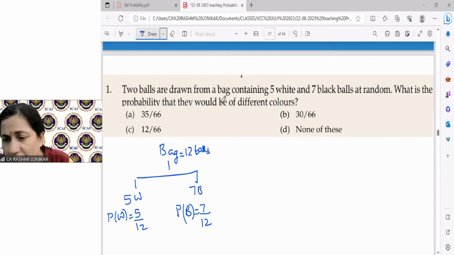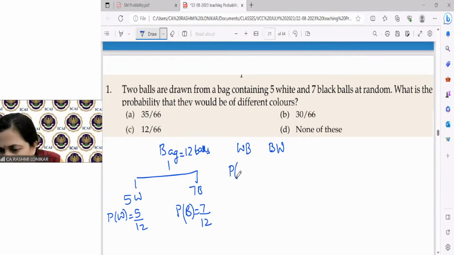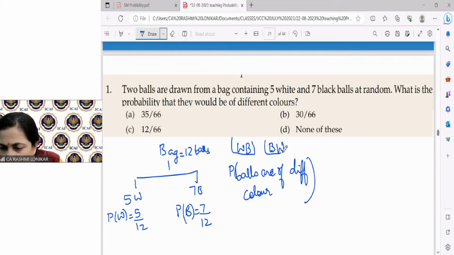What is the probability that they would be of a different color? What can happen is that the first is white and then the second is black, or the first is black and the second is white. So the probability that the balls are of different color is this combination and this combination.